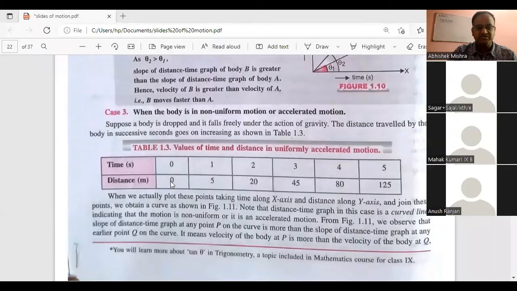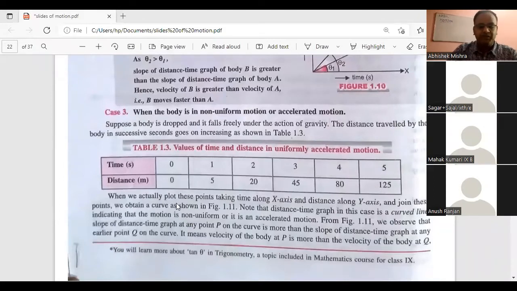At 0 second, distance covered is 0 meter. After 1 second, the distance covered is 5 meter. After 2 seconds, 20 meter. After 3 seconds, 45 meter. After 4 seconds, 80 meter. And after 5 seconds, the distance covered is 125 meter.